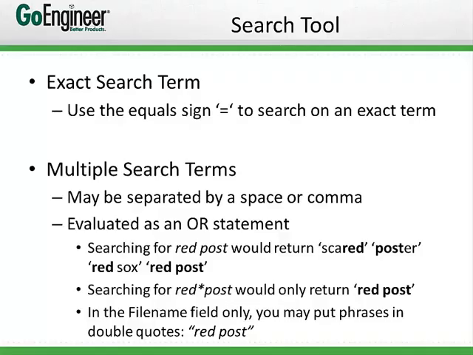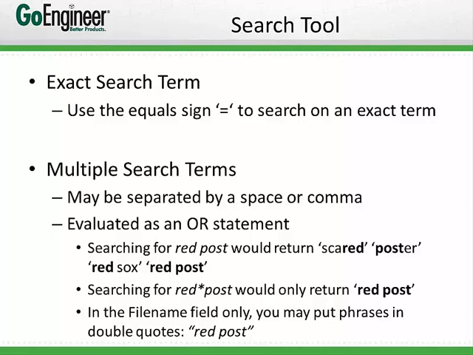So a couple of tips in terms of using the search wildcards, using some syntax to refine your search results, so you're not having to scroll through hundreds or thousands of search results.